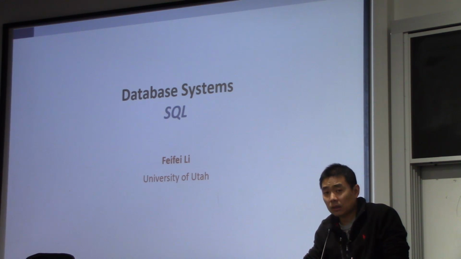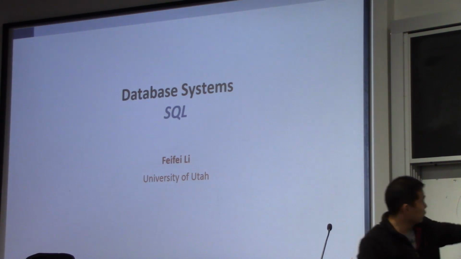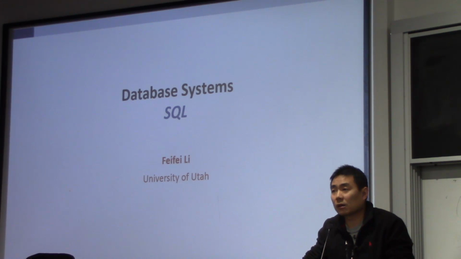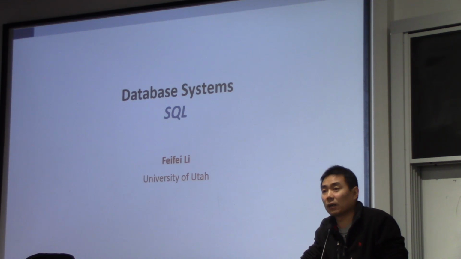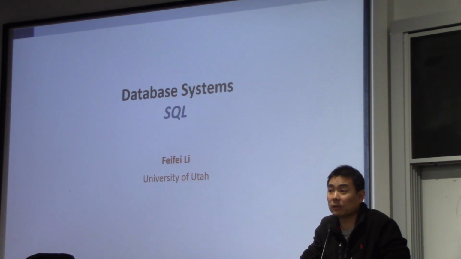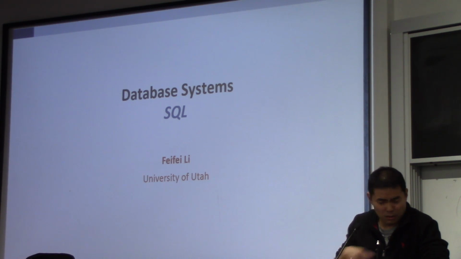So he was a Turing Award winner in 2015, largely for his contribution in building large-scale open source database systems. PostgreSQL is the most representative of his efforts. I encourage you to read his bio and story online. Just Google Michael Stonebraker. He's a big name in the database world. Okay. All right.